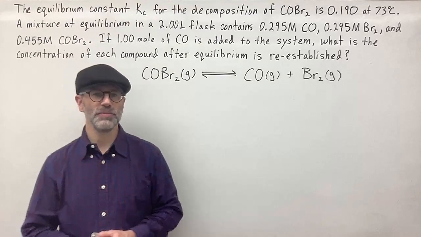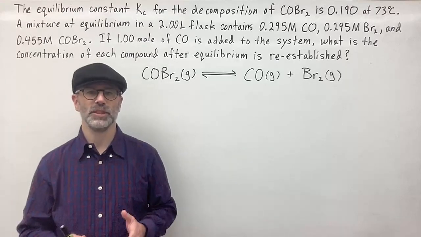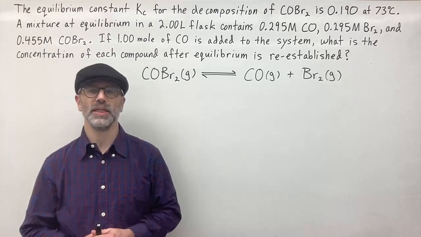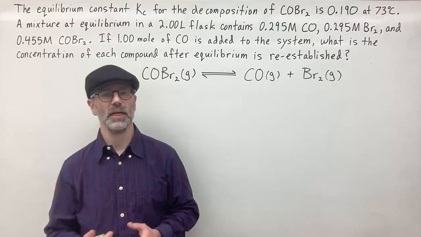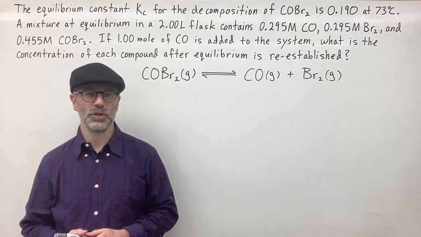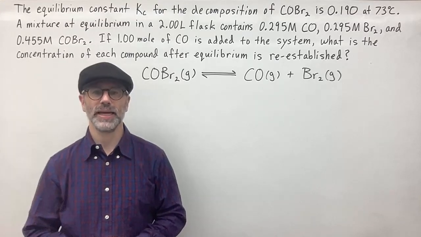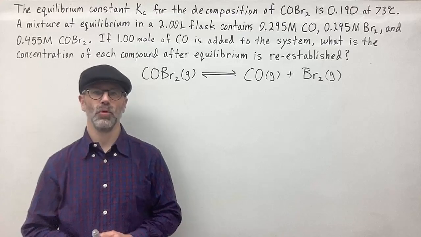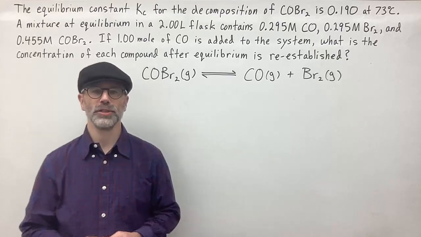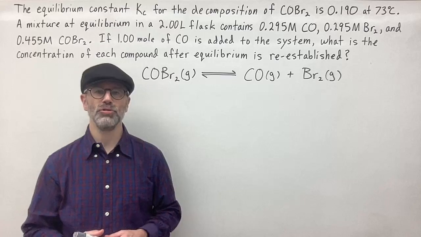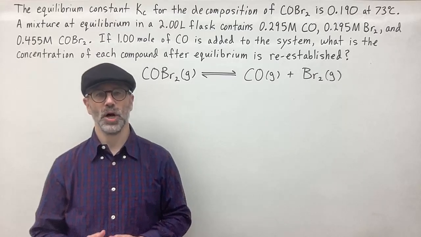Okay, so here's the problem. The equilibrium constant Kc for the decomposition of COBr2 is 0.190 at 73 degrees Celsius. A mixture at equilibrium in a 2.00 liter flask contains 0.295 molar CO, carbon monoxide, 0.295 molar Br2, and 0.455 molar COBr2.